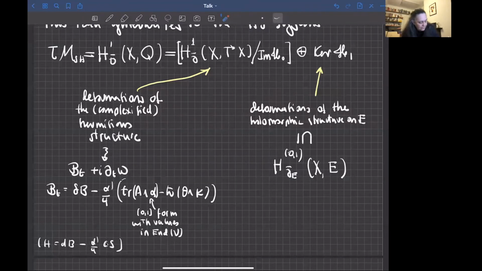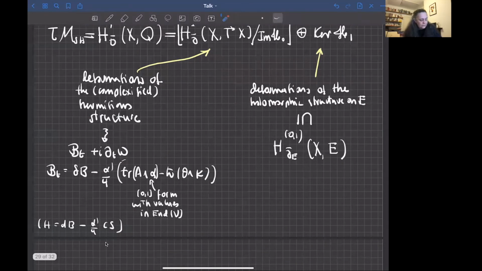This complexification of the variations of the Hermitian form are variations of the B field together with terms that contain the deformations of the bundle. These alphas and kappas here correspond to deformations of the gauge potential of the gauge fields.